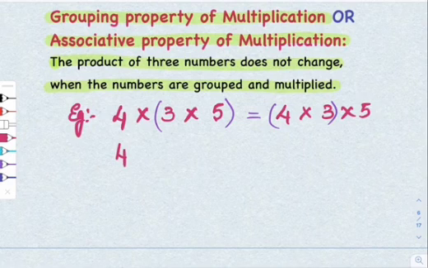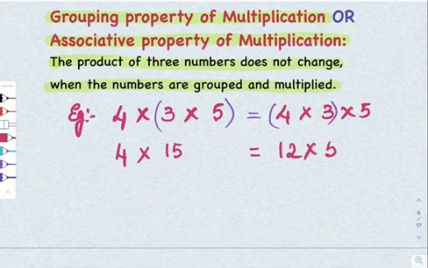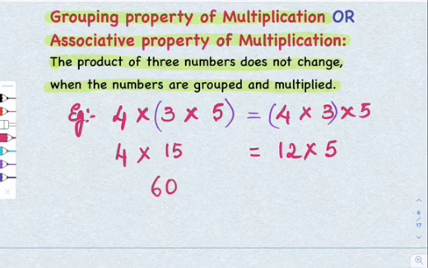Now 4 into 3 5 times is 15. Now we'll check whether the answer is the same this side also. 4 3 times is 12 into 5. Now 4 15 times is how much? 60. 12 fives are 60.